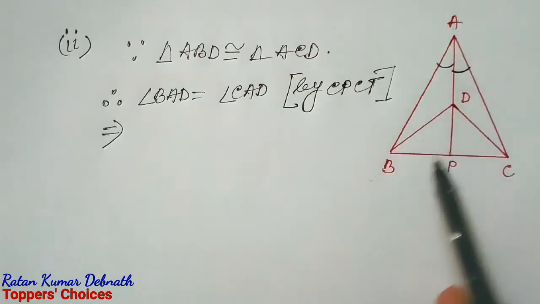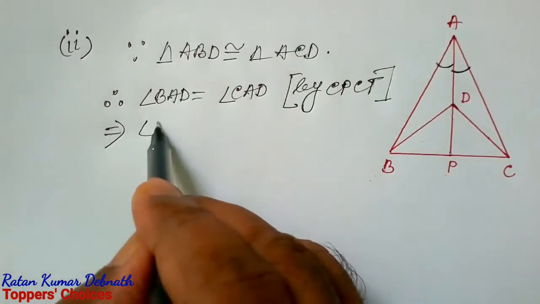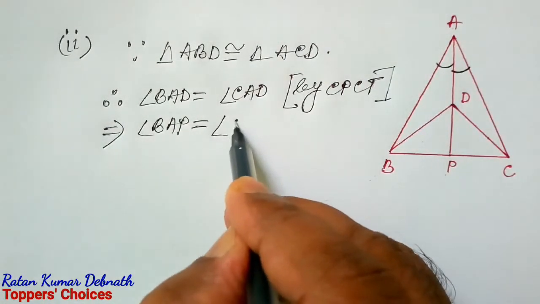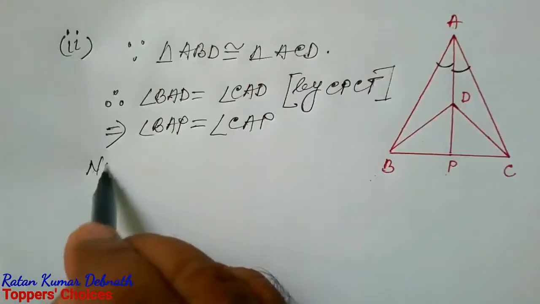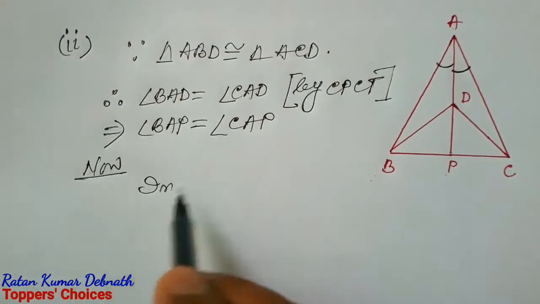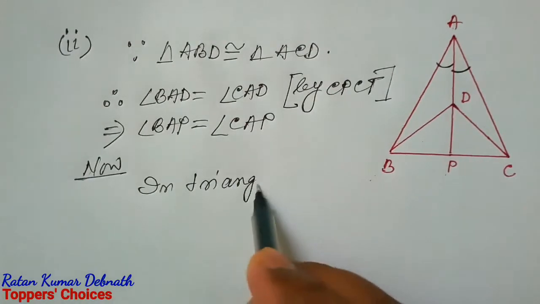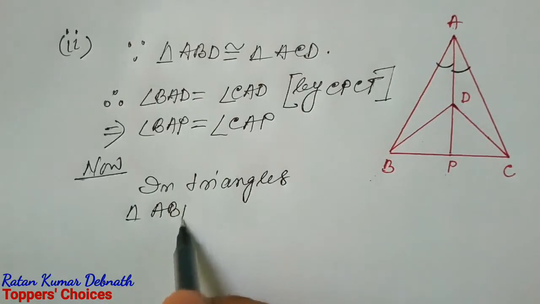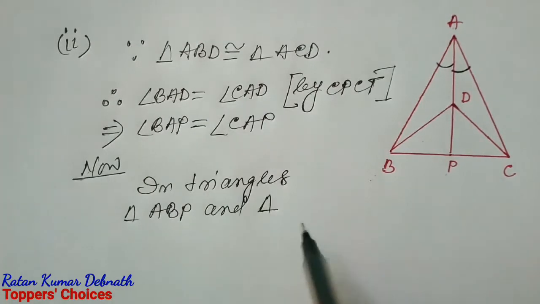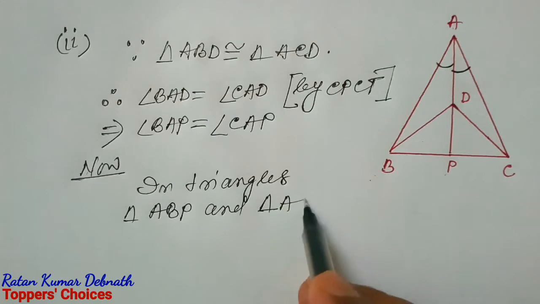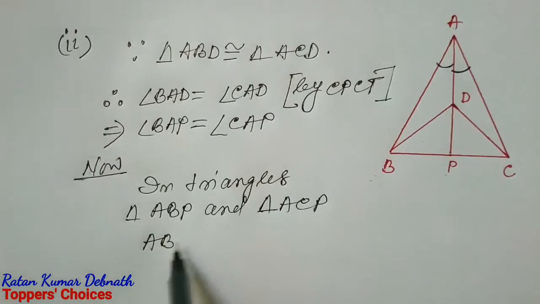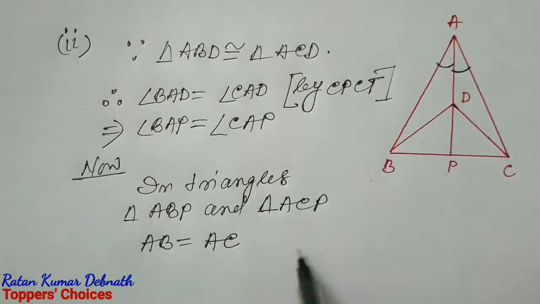Now BAD means BAP and CAD means CAP. Now in triangles ABP and ACP, we have AB equal to AC, given.